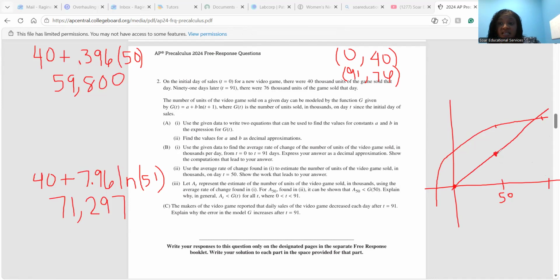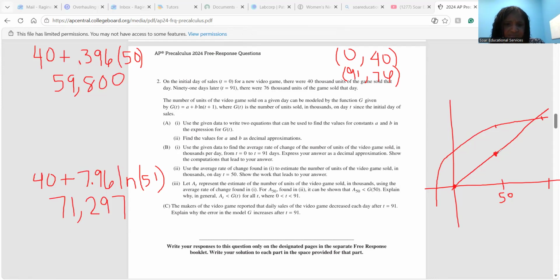So as you can see, that secant line is below our curve. So this is concave down. And this is something that the pre-calculus test really focuses on or emphasizes. So when your average rate of change gives a value that is lower than the actual function, then that is a concave down graph.